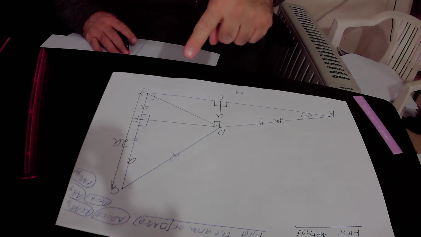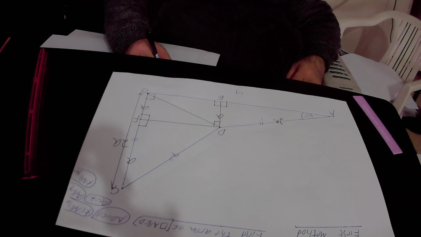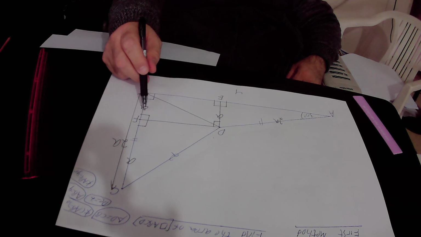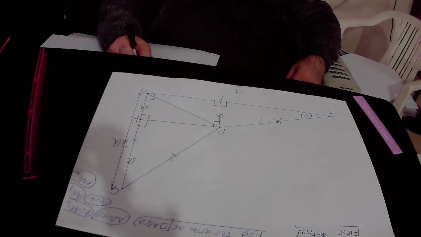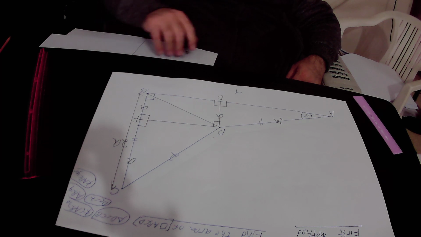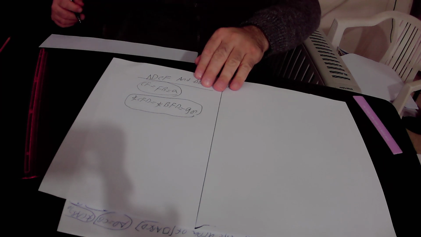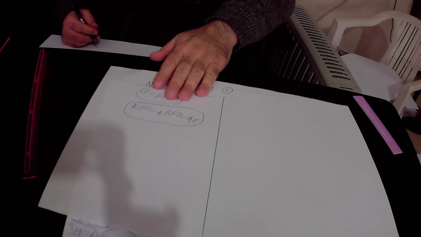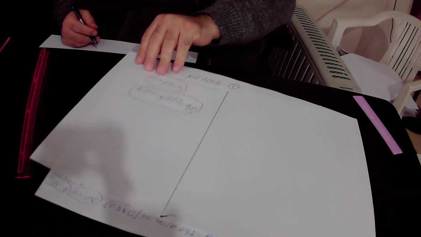That is to say, angle CFD is equal to angle BFD, and both angles are equal to 90 degrees.